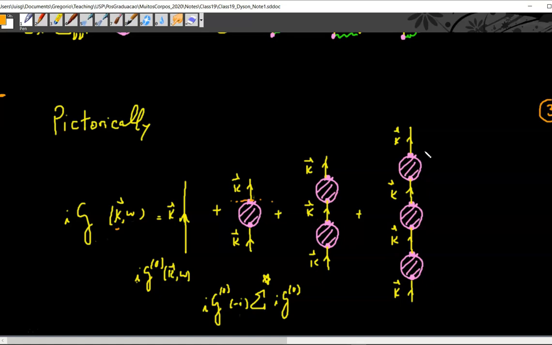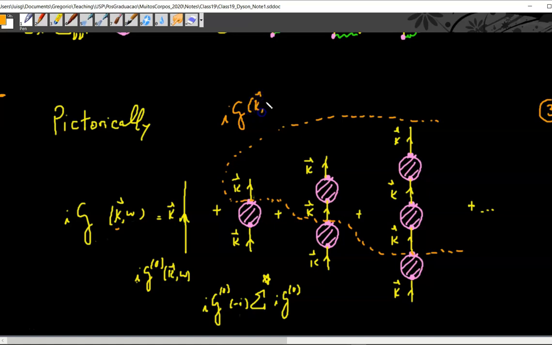So what I'm saying is that if I would do this and keep going, this is precisely the full interacting Green's function.